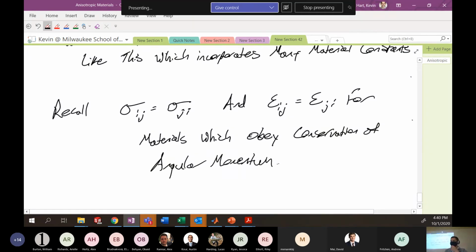Not really important that we know that, but that's just the truth. Tau xy equals tau yx. That's something you probably learned in your earlier mechanics courses.